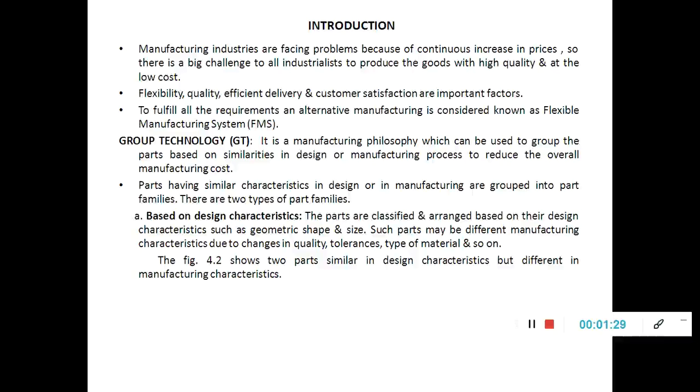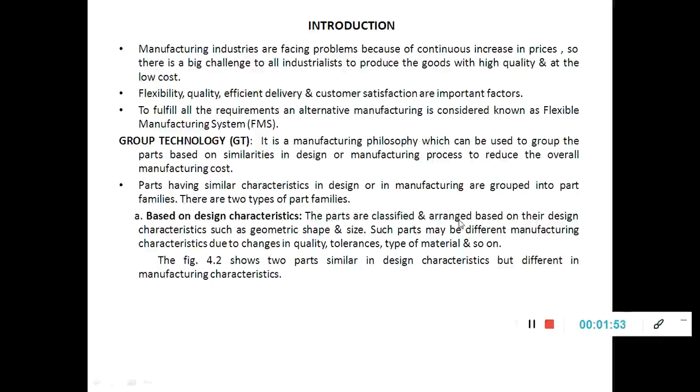It means whatever products are there, they are classified according to their design and manufacturing processes, and these are stored as part families. A part family means similar products which have similar characteristics in both design and manufacturing.